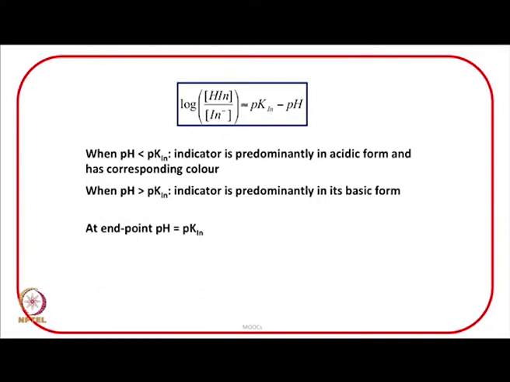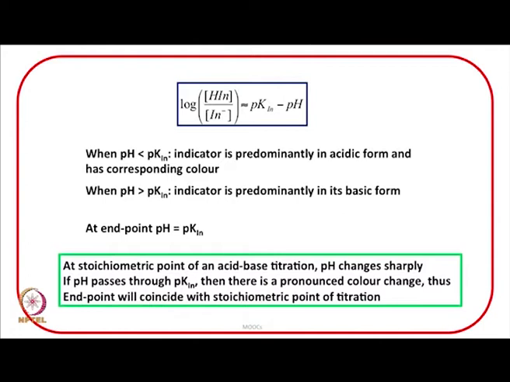At the end point, you have pH equal to pKin. That is why it is commented here that at the stoichiometric point of an acid-base titration, pH changes sharply, and if pH passes through pKin, that is when it passes through this equality, there is a pronounced color change. Thus, the end point will coincide with the stoichiometric point of the titration.